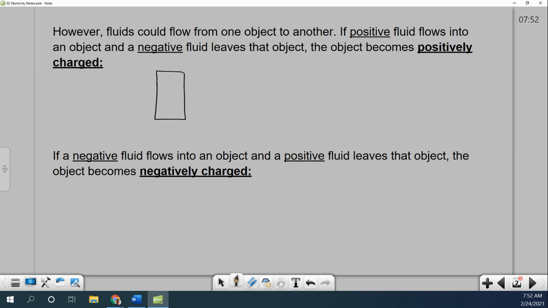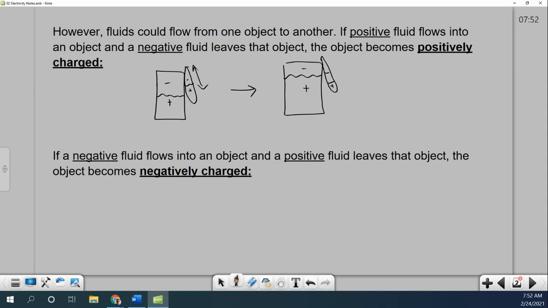here I've got a stick of something and a cloth. And both of these have half and half positive and negative fluid. Now, you rub those things together, and the positive fluid from one pours into one object. Let's do it this way.